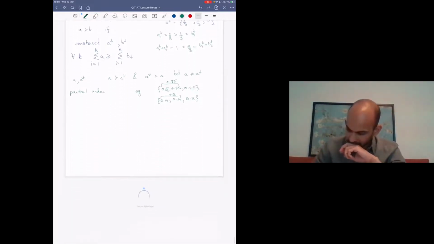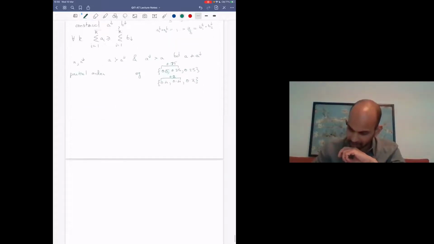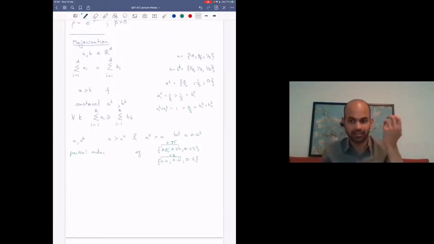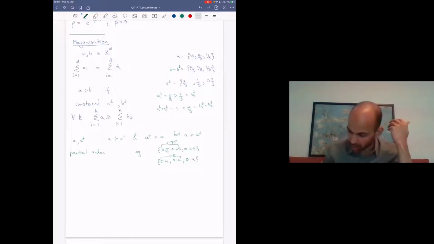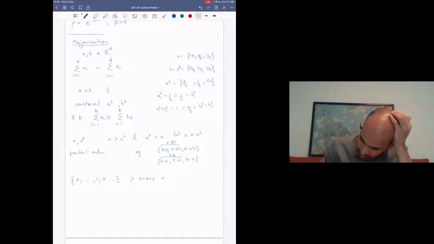From the definition itself, it's kind of clear which vector majorizes all others. That is the pure state. So if I have some zeros, a single one, and then again a lot of zeros, this majorizes every other vector.